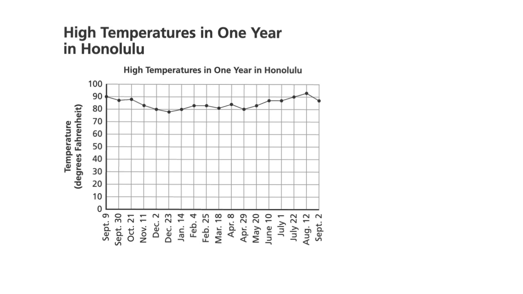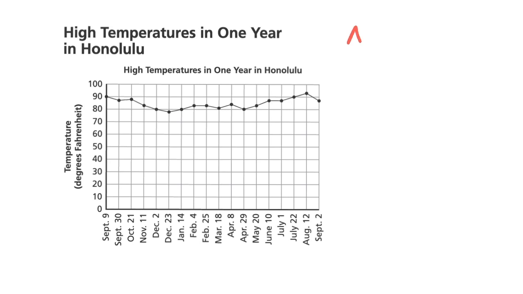Okay, the second description says the temperatures in Honolulu vary little throughout the year. So they don't change very much. The average monthly high temperature ranges between 80 and 90 degrees.